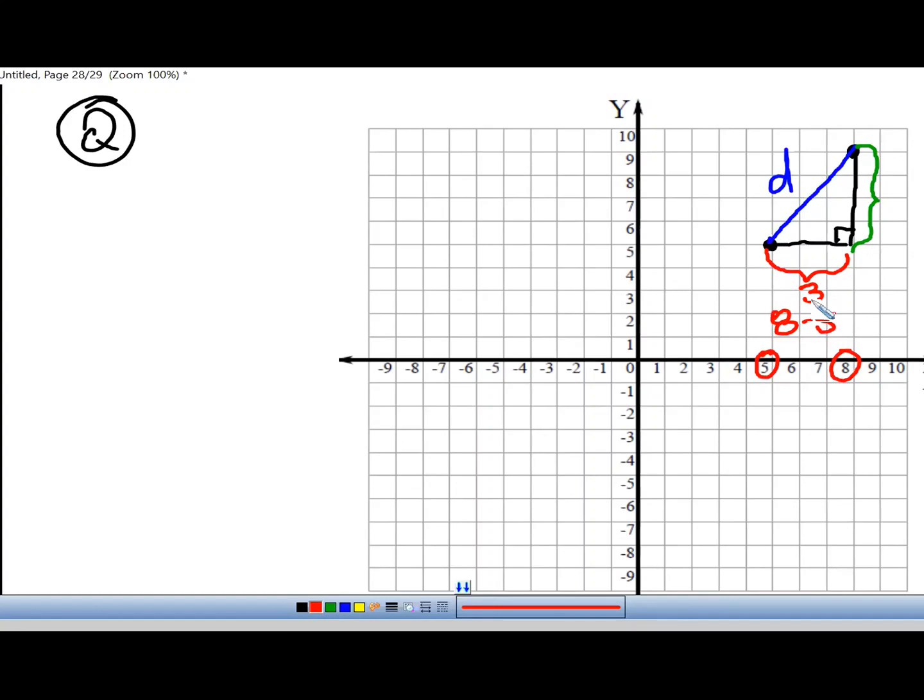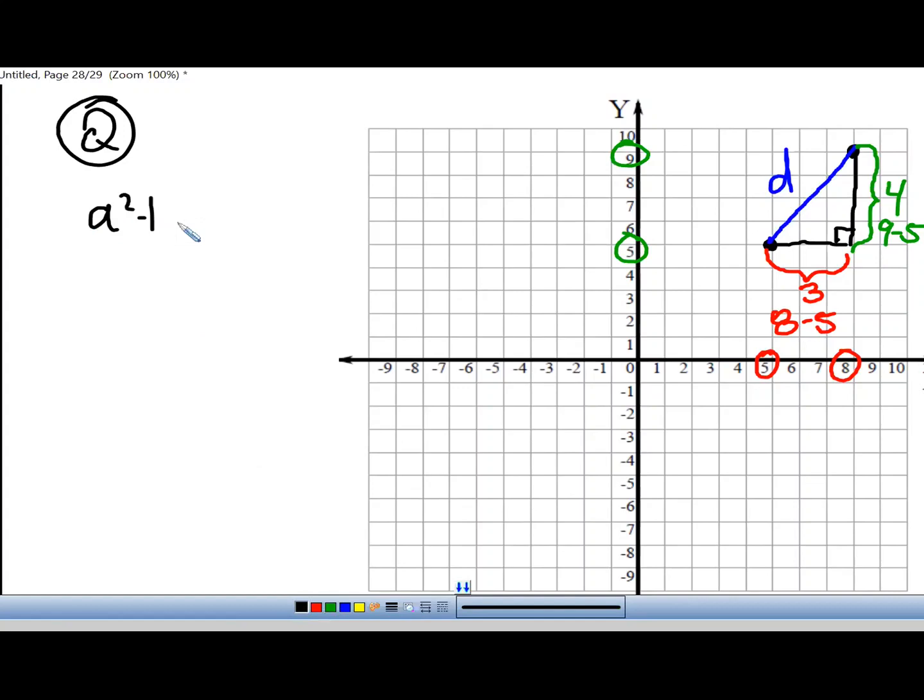That is correct. Okay. So what is the distance for this one going upward or downward? Let's see, 1, 2, 3, 4. Yes. And how did we get that? The y value for this bottom point is 5. The y value for this top point is 9. So that means 9 minus 5. Does that give us 4? Yes. Okay. So let's use our Pythagorean theorem.